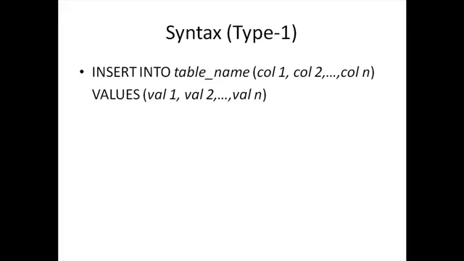So if you want to put in your data in n columns, then you type in column 1, column 2, column 3 up to n columns, and then you type in another keyword values, and then within another set of parentheses you specify the values that you want to be inserted in the columns 1 to n, right?